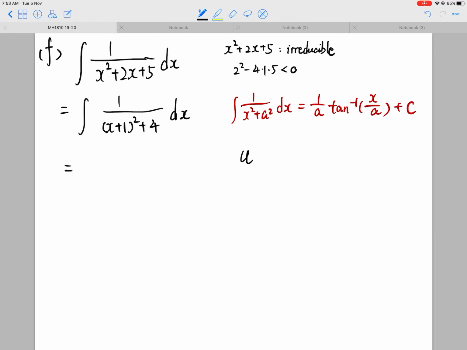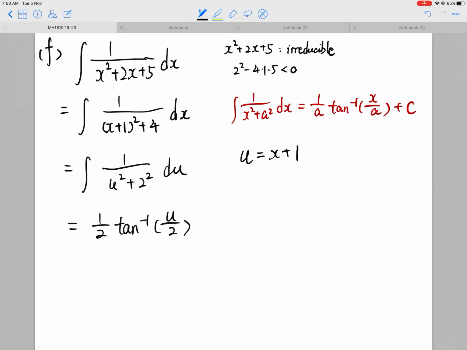So I can do a one-step substitution. So here it's 1 over u squared plus 4 du. Okay, now I can apply the formula. It's 1 over 2 tangent inverse of u over 2, plus c. A final step: just sub x plus 1 back.